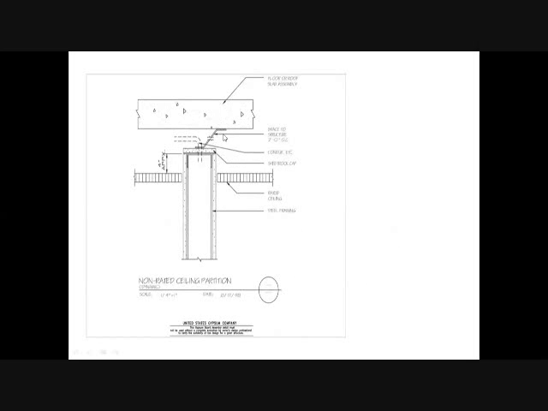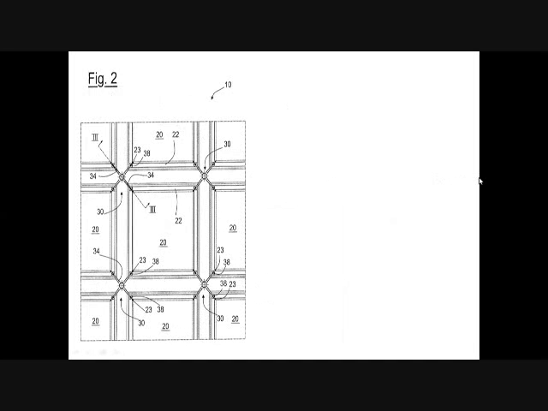So if you have light partitions fixed in the roof, and then the ceiling is connected to it. This is one shape of connection of glass.